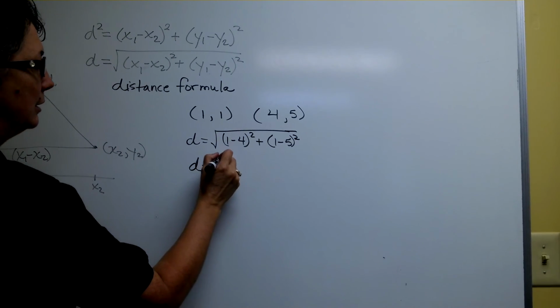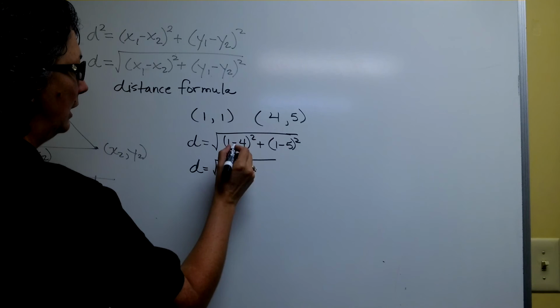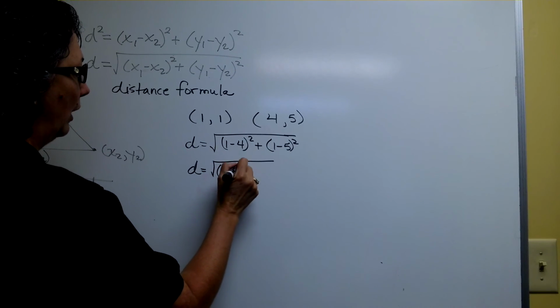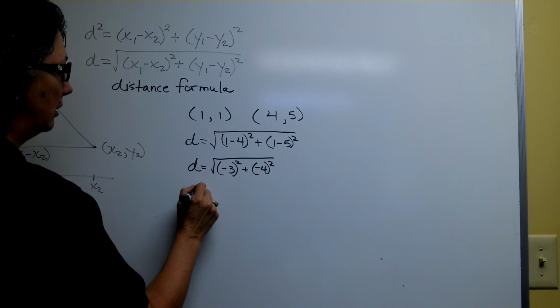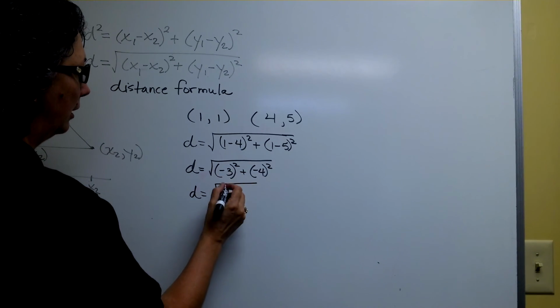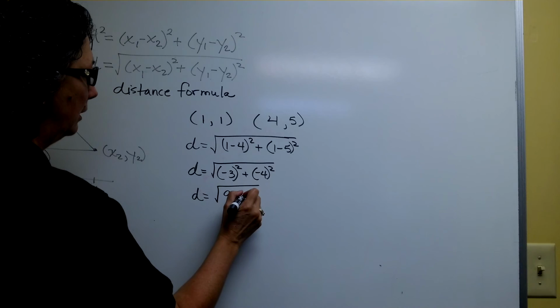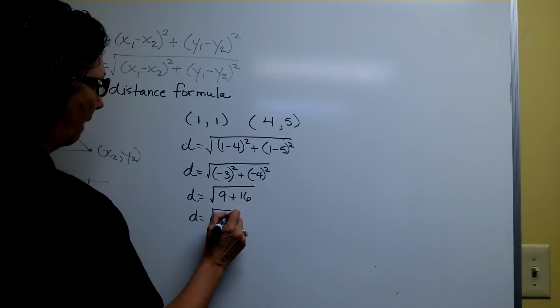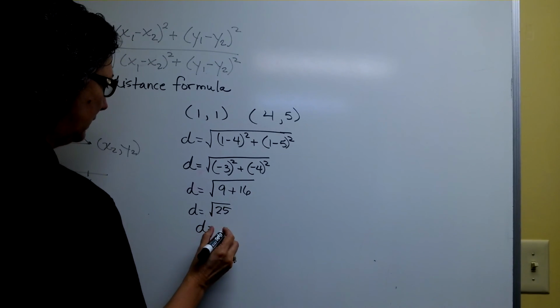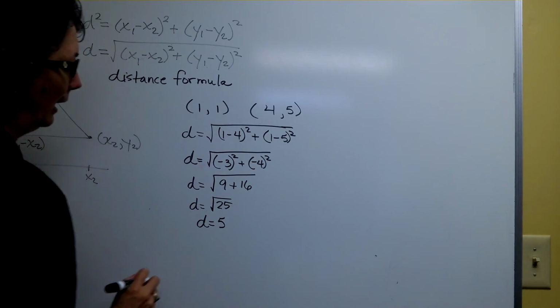So d has to be the square root of negative 3 squared plus negative 4 squared, 9 plus 16. So d has to be 5 units.